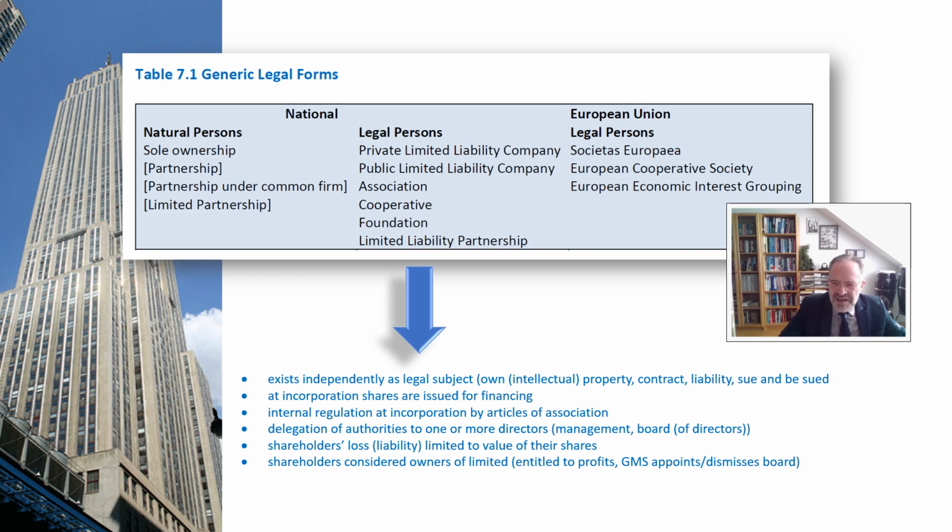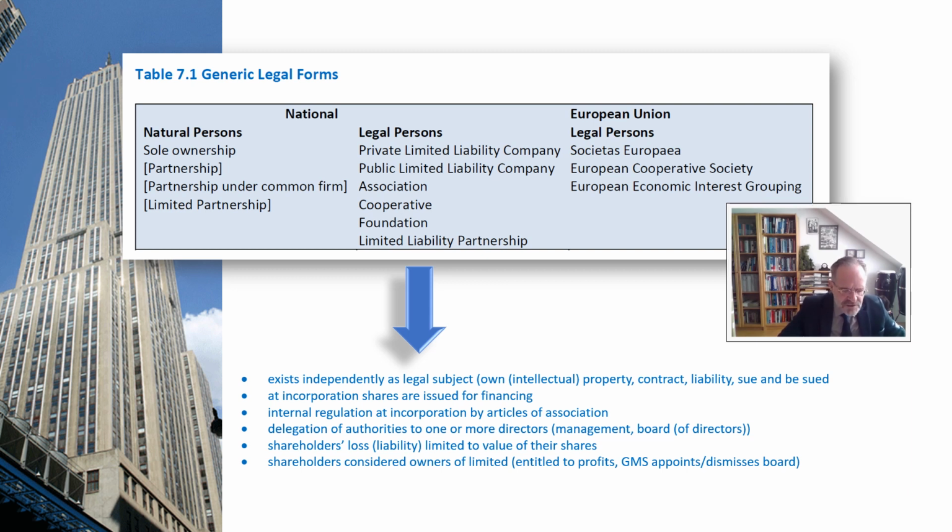That is what the limited liability in the name of the legal form refers to. The legal person is 100% fully liable for its own debts and liabilities. The shareholders can only lose the value of their shares. Now, the law considers the shareholders as the owners of a limited liability company, which means that important rights are given to the shareholders by the law.